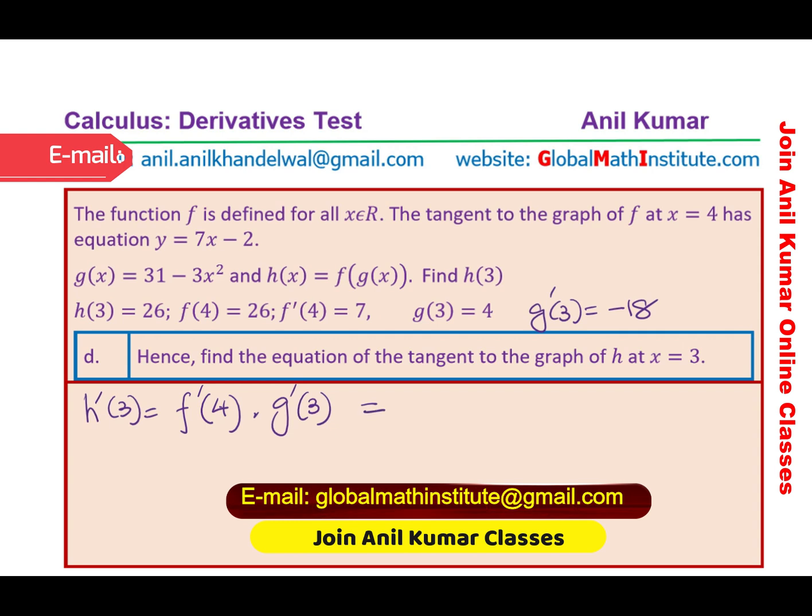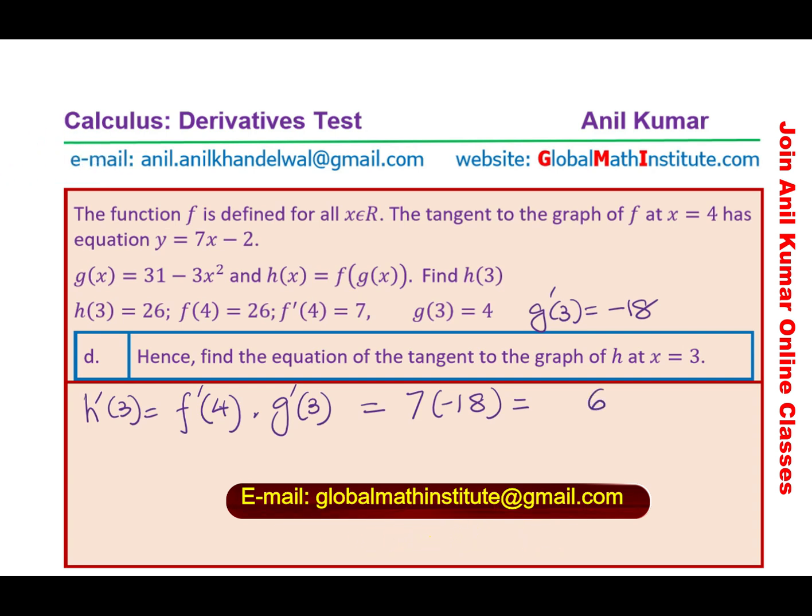So this is equal to the derivative at 4, which is 7, the gradient, times minus 18. So that gives you 7 times 18, which is 126, minus 126. So that becomes the derivative.